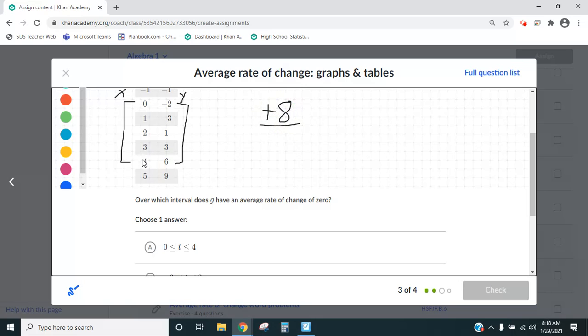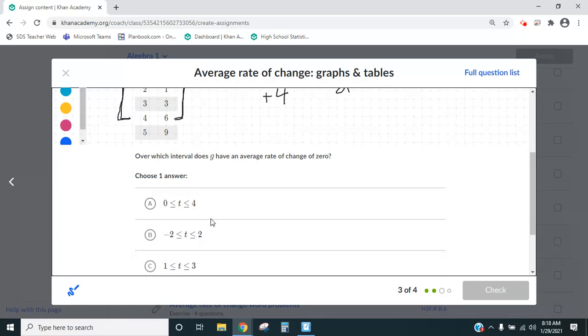And from 0 to 4, it went up 4. So I'd say the average rate of change, or the slope, is 2. That's how I would do that. So if they asked me what it was between 0 and 4, I'd go from 0 to 4. I'd say the y's went up 8, the x's went up 4, and I'd divide them. All right, let's keep going.